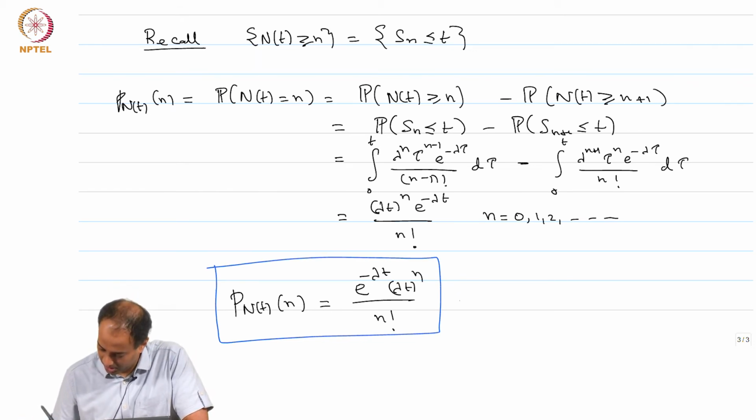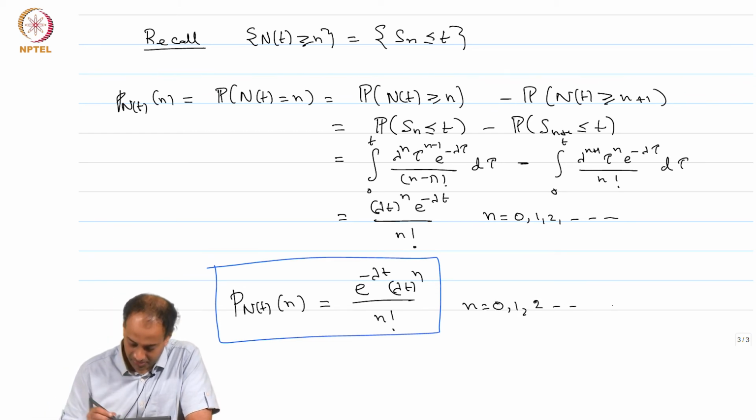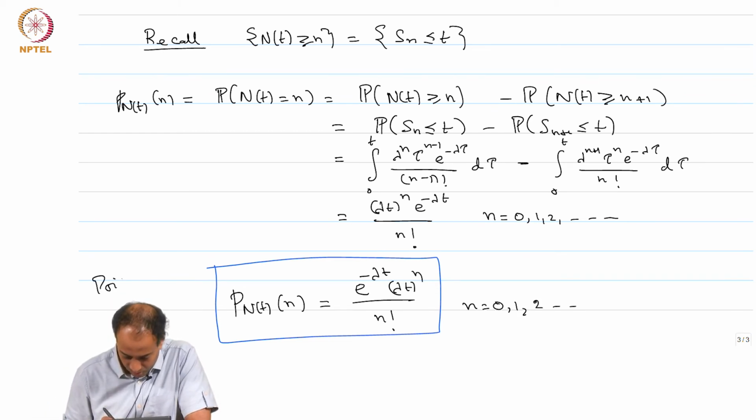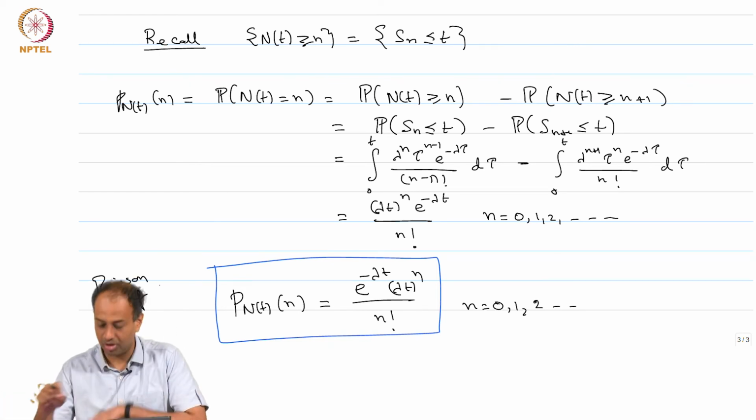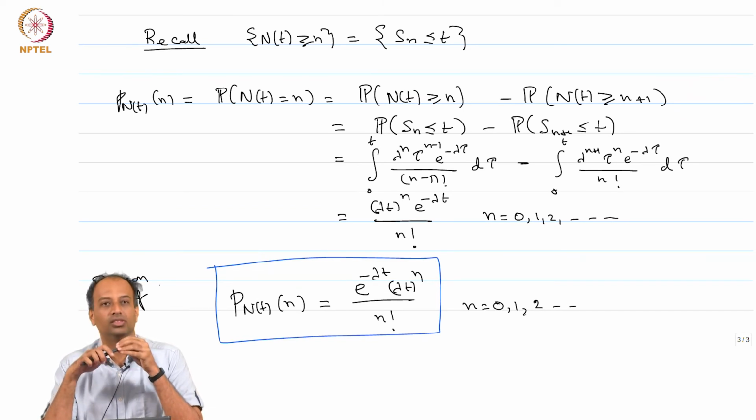This is true for n equal to 0, 1, 2, etcetera. It is Poisson PMF with parameter lambda t. So, for any t, N(t) is Poisson distributed with parameter lambda t. Is that clear?